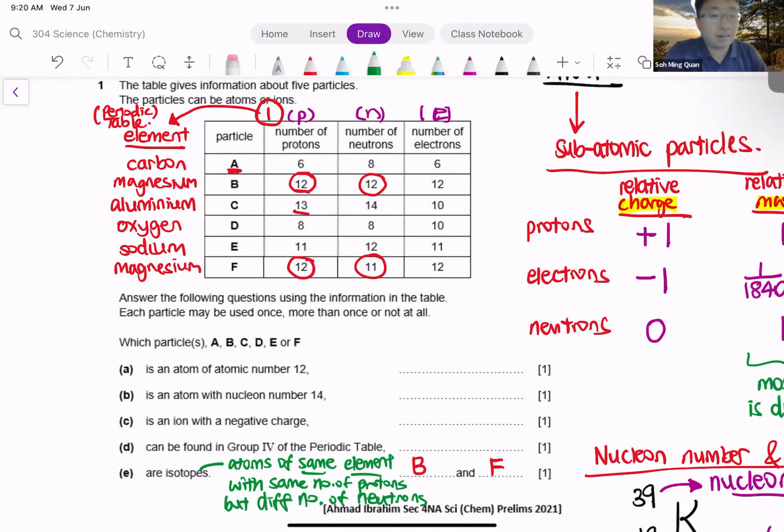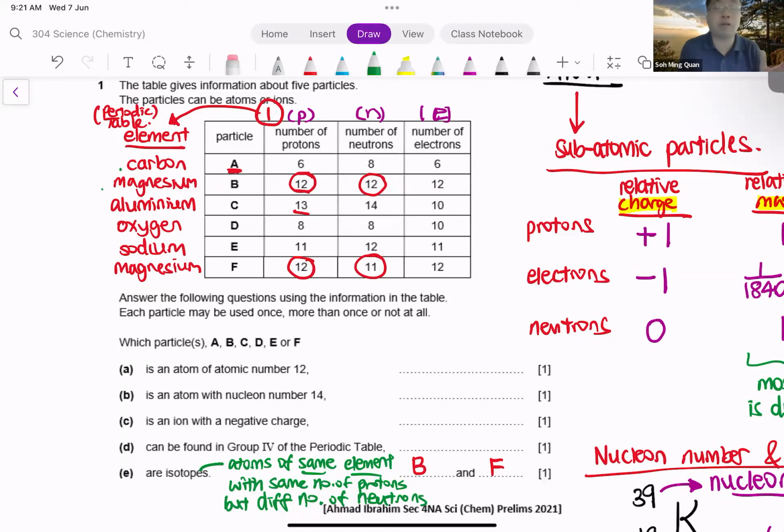Next, once you know the element's name, not only can you identify which ones are isotopes of each other, based on the chemical name, you can even find out what group it's in, right? So if you look at part D, which particle can be found in group 4? IV is 4. Look at the name. Which one is a group 4 element?